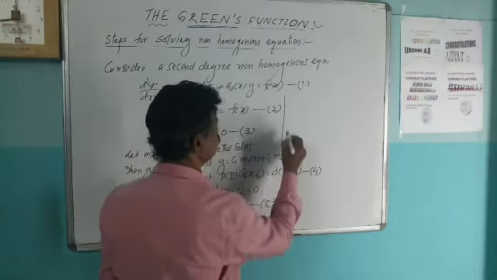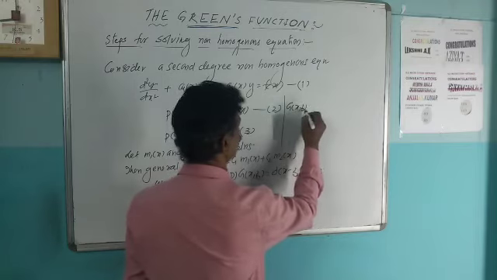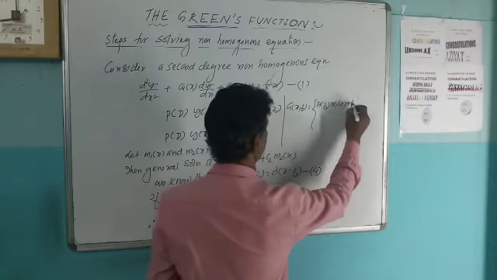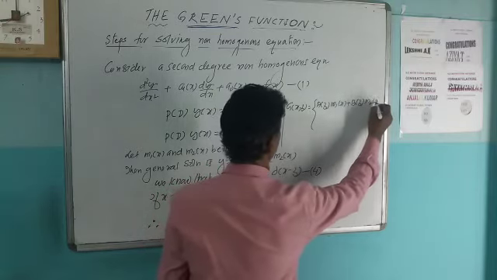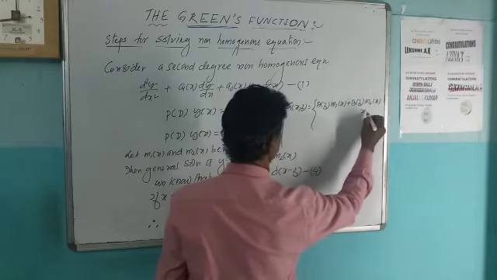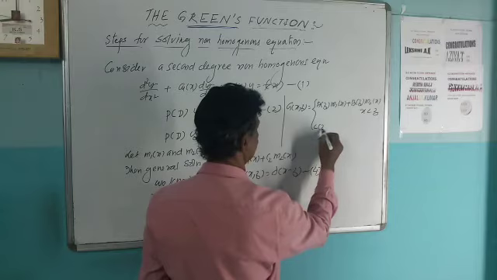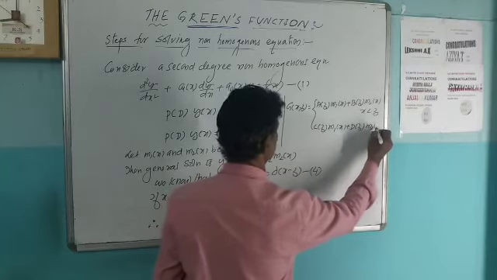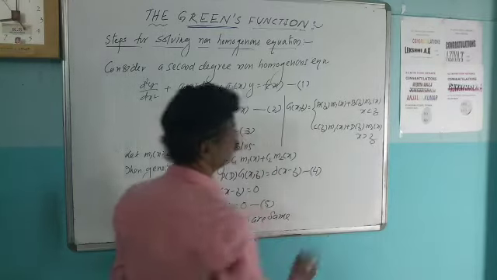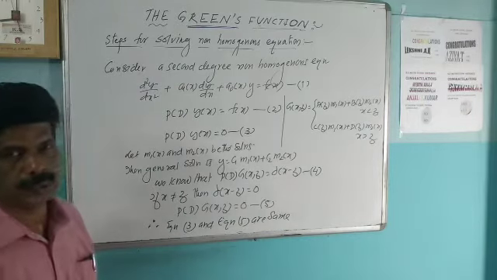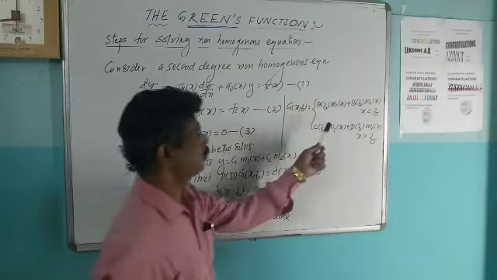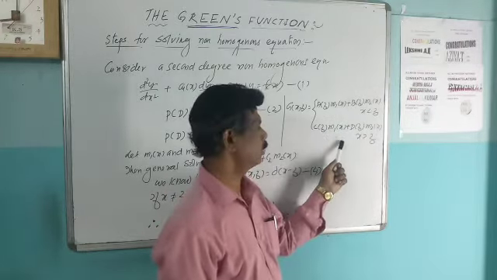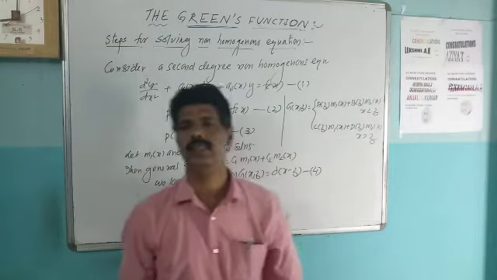Then we can write g of x, z equal to a(z) m1(x) plus b(z) m2(x) when x is less than z, and c(z) m1(x) plus d(z) m2(x) if x is greater than z.